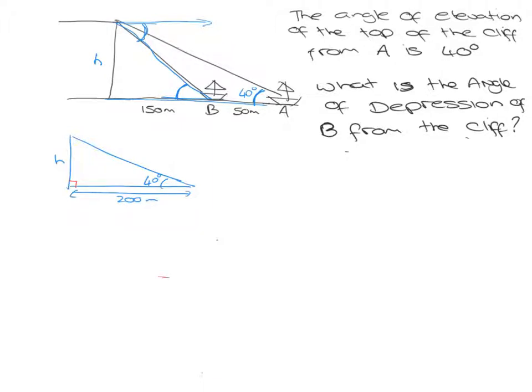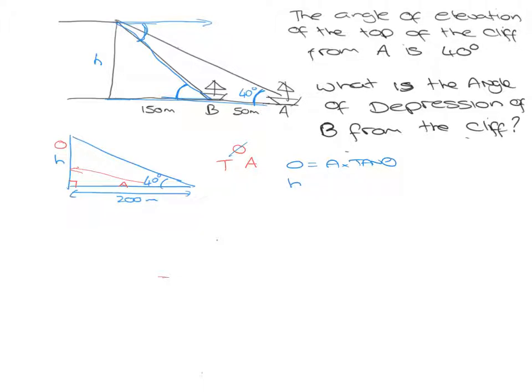From the angle, the side opposite the angle is our O, and this side here is our A, because it's not the hypotenuse. The one that uses O and A is TOA, and because we're trying to find the opposite, it tells us that O equals A times tan of the angle.